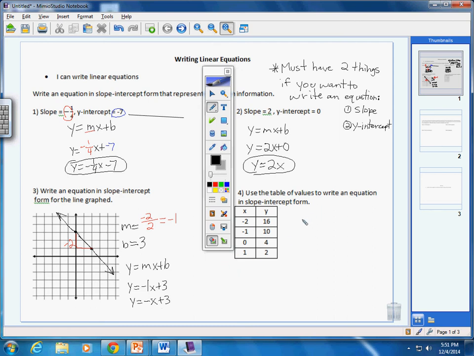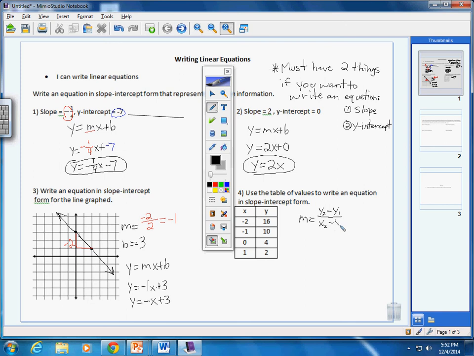Remember, you can always pause me if you need or rewind. Number 4 says use the table of values to write an equation in slope-intercept form. Okay, this example is going to force you to use some of your favorites. It's going to force you to use our favorite method of finding slope.